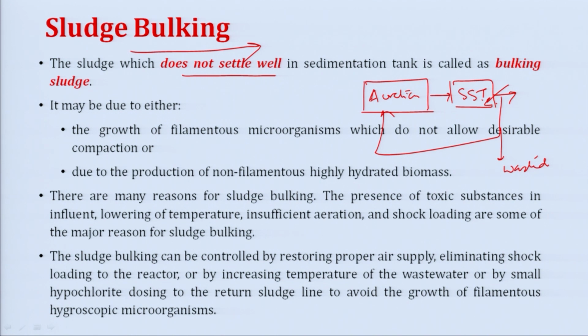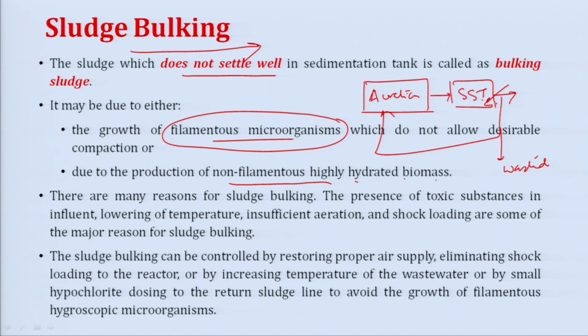This may be due to the growth of filamentous microorganisms which do not allow for desirable compaction. A particular microorganism can create a problem, right? Or due to production of non-filamentous highly hydrated biomass.